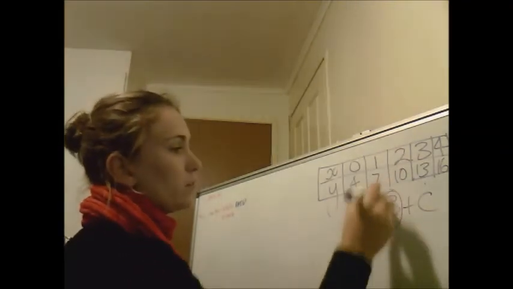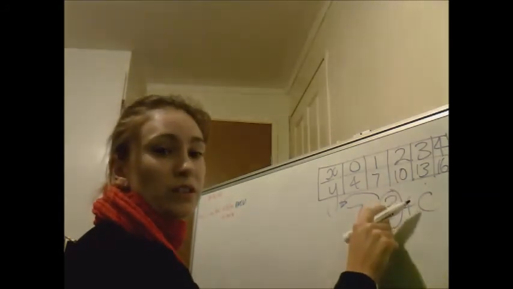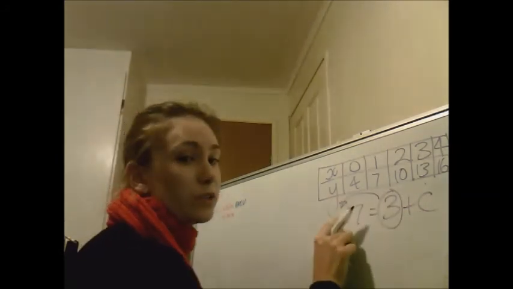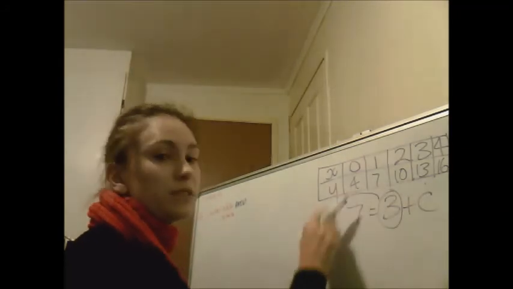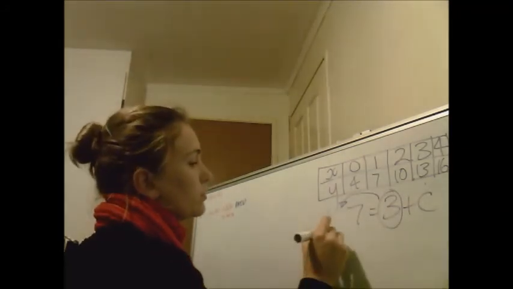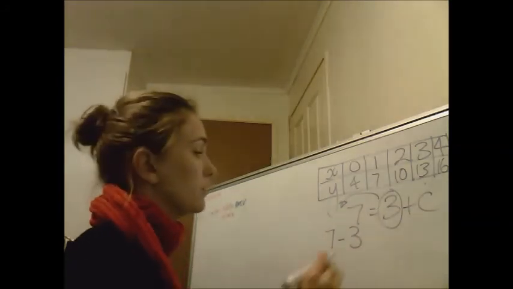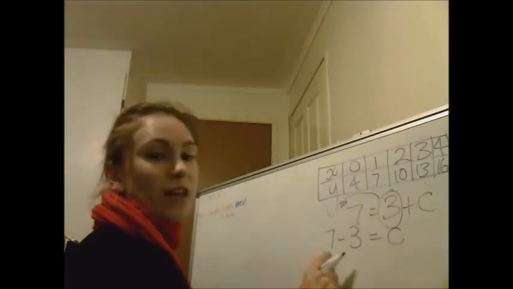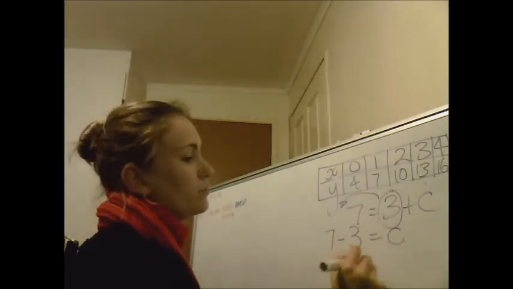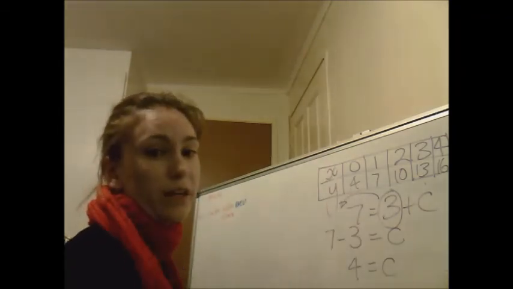We can take the 3 across. Remember, this 3 is positive, so when we take it over to the other side, we're doing the inverse operation. So positive 3 becomes negative 3. So 7 take 3, instead of plus 3, and that gives us c. So what's 7 take 3? Equals 4, which is c, which we already identified from our table.